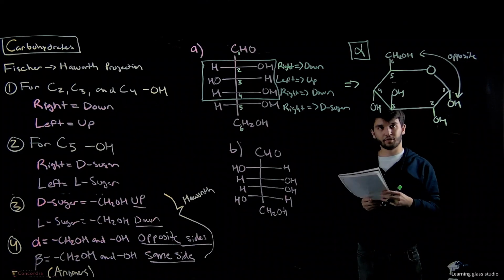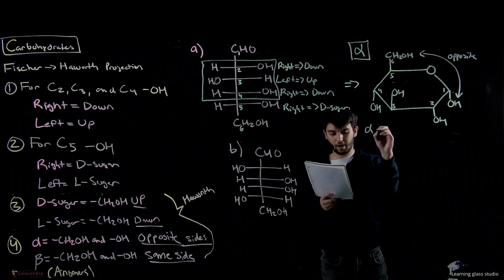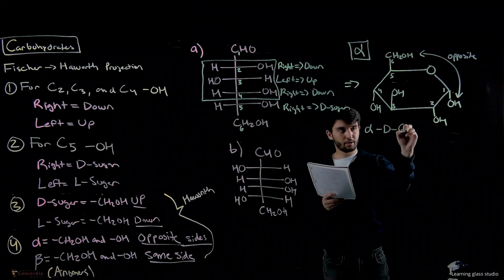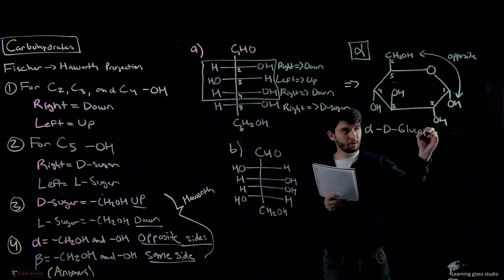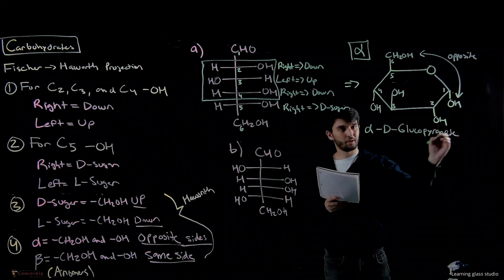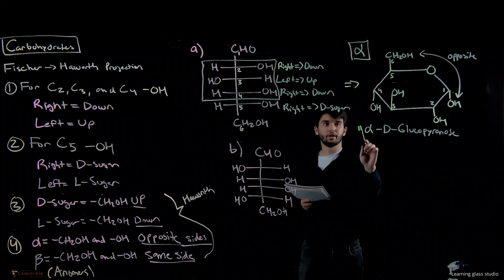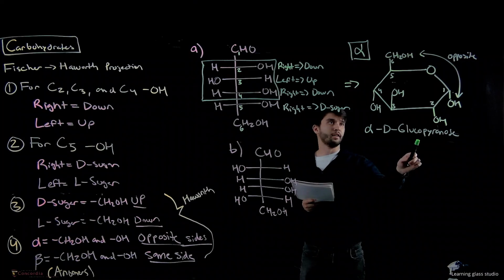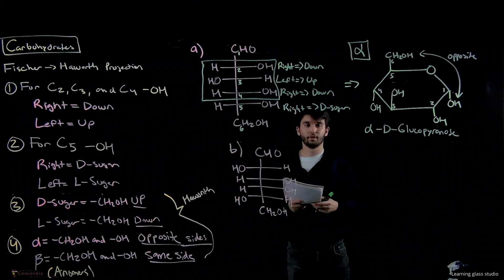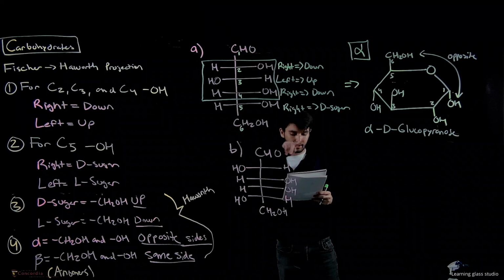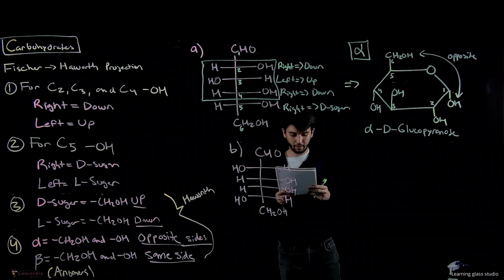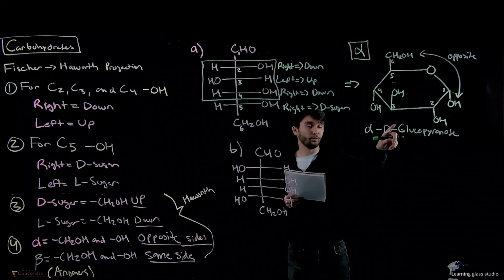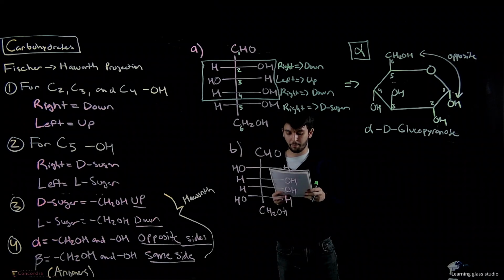So this sugar is going to be alpha-D-glucopyranose. It's the D configuration, it's alpha, and it is a pyranose, so it is a 6-membered ring. It's also glucose, so that's where the gluco is coming from.